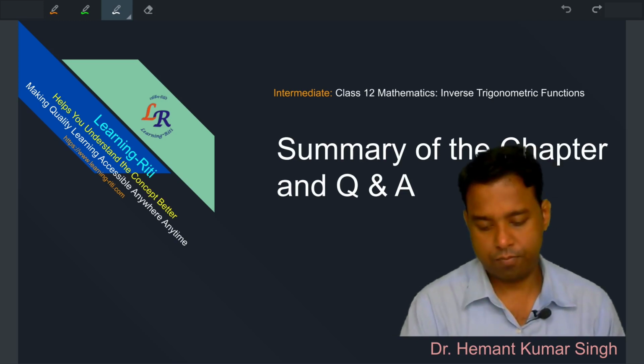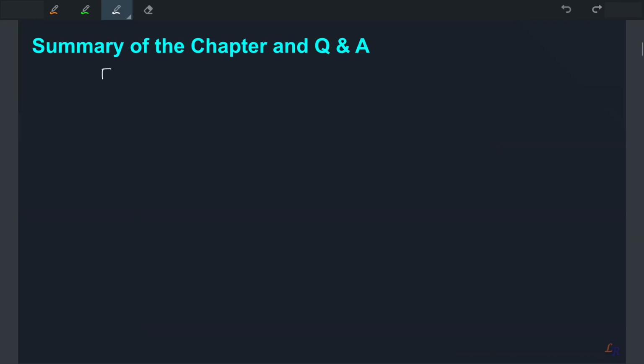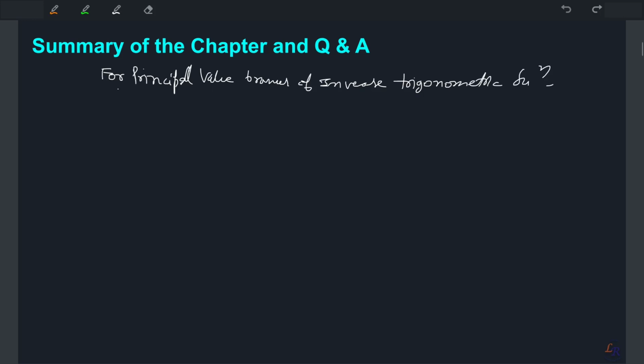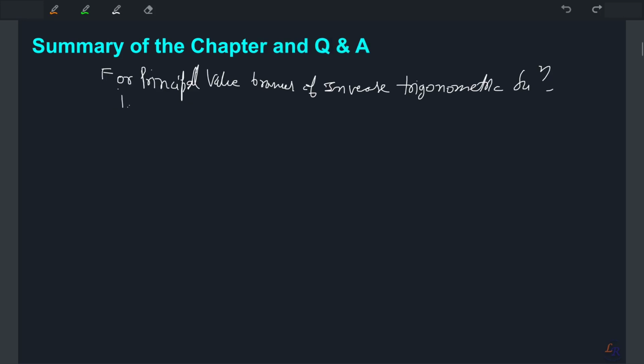So let's begin. For principal value branches of inverse trigonometric functions, the domain and range can be seen as domain and range.